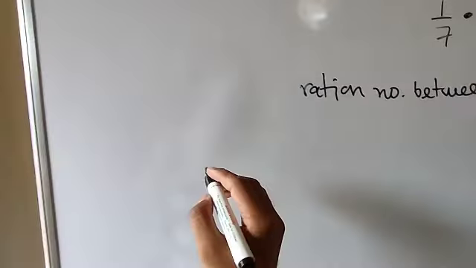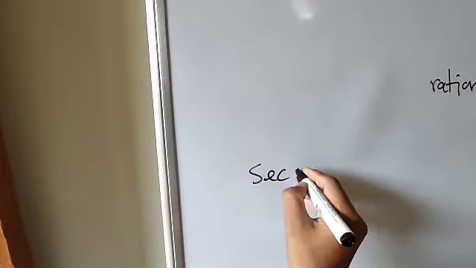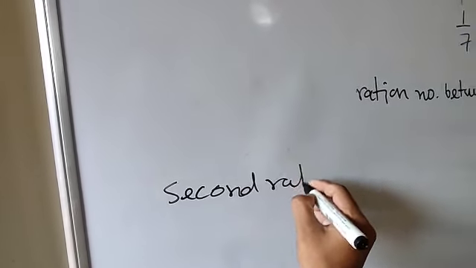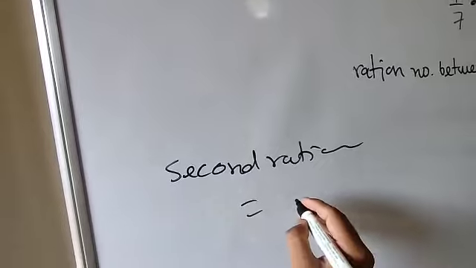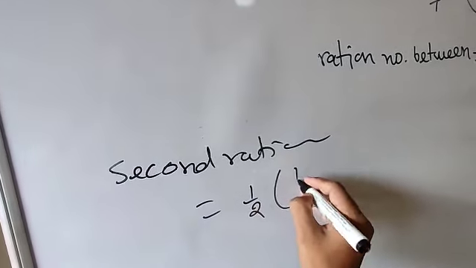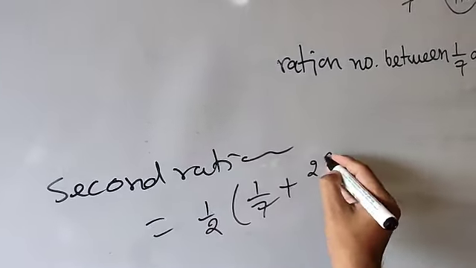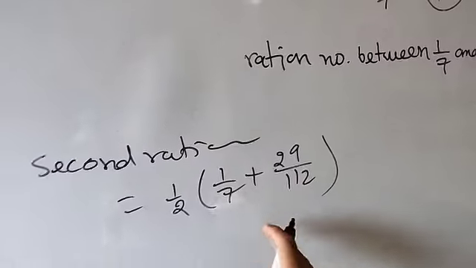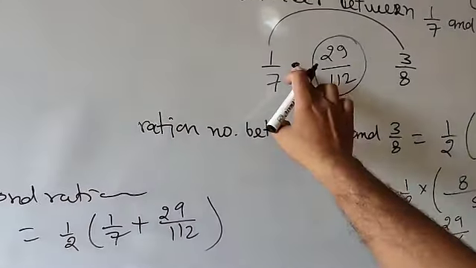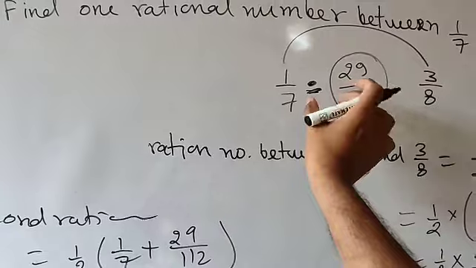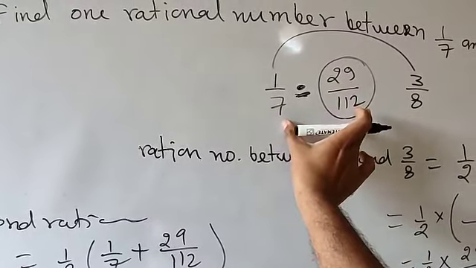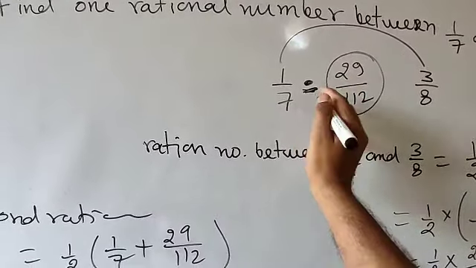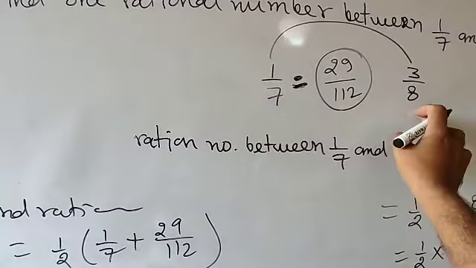So the second rational number is equal to half of 1 by 7 plus 29 by 112. That number will be between 1 by 7 and 29 by 112, which means it will also be between 1 by 7 and 3 by 8.